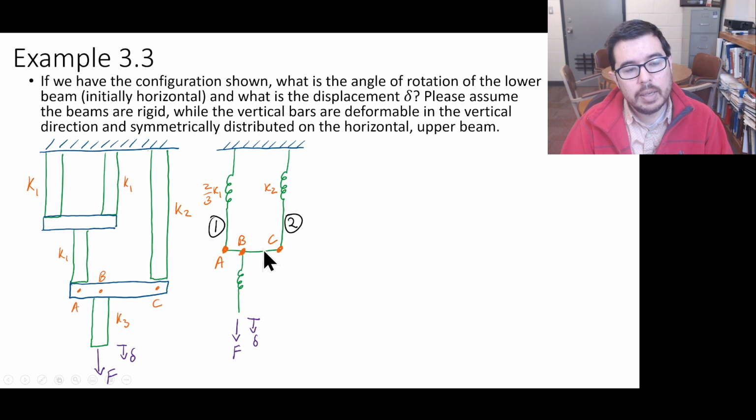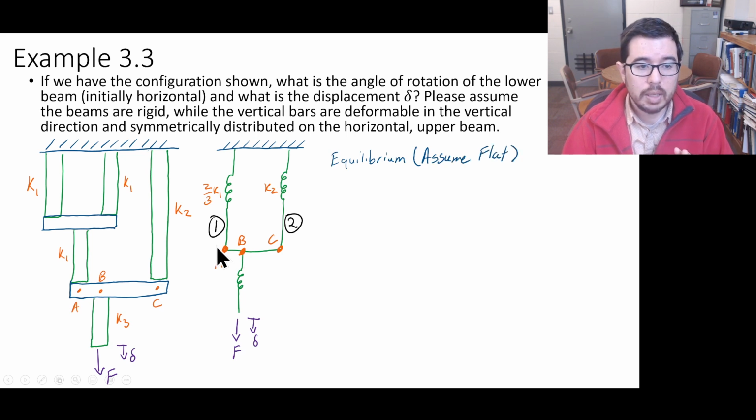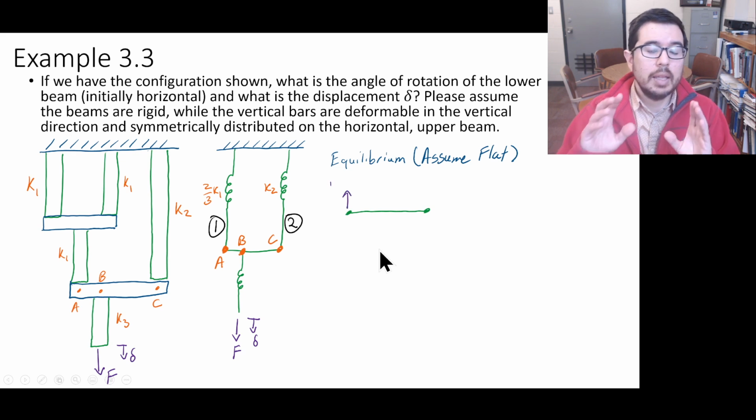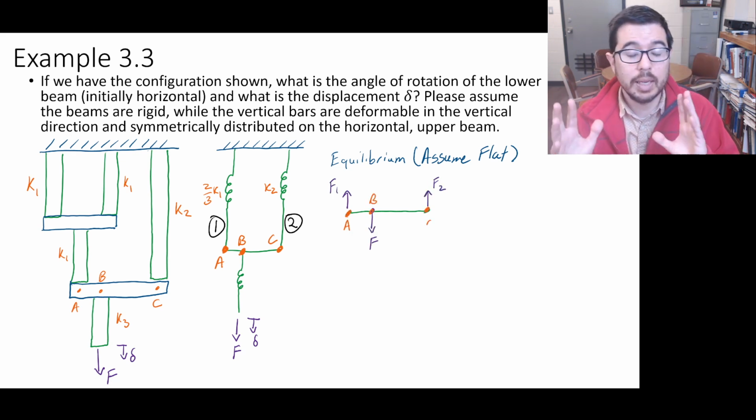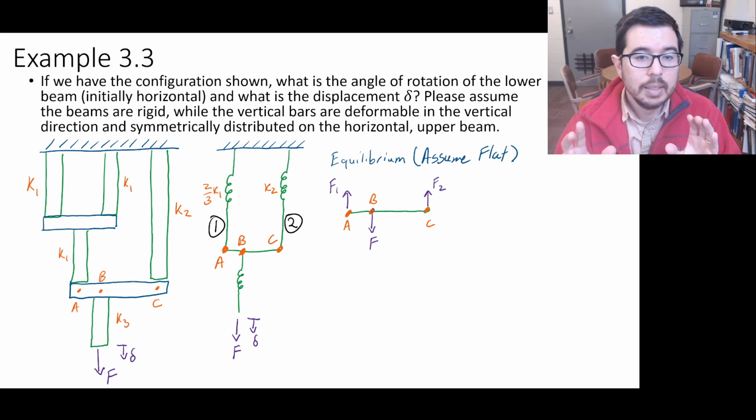Let's go ahead and take a look at equilibrium on this horizontal member, this horizontal beam that's completely rigid. Now, we're going to assume here that this member is flat. And you may think, oh, that's not a great assumption because you said it could rotate. Yes, it can rotate.